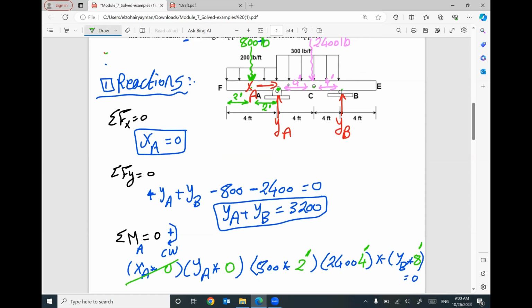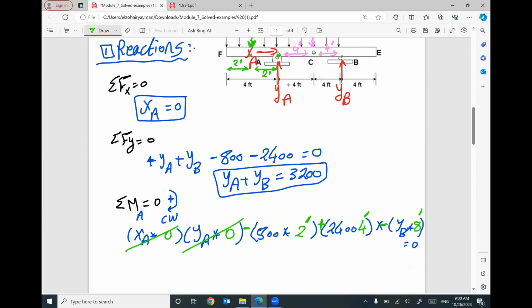I don't care about the sign of this term or this term. 800 times 2 will rotate downward, that will be counterclockwise, will be negative. 2400 rotate down, but will rotate clockwise, it will be positive. YB will rotate counterclockwise, will be negative.